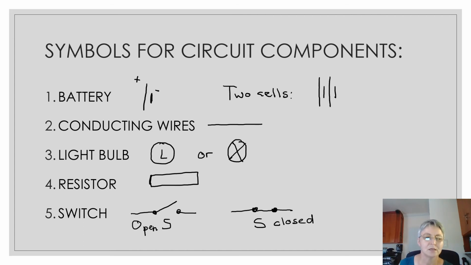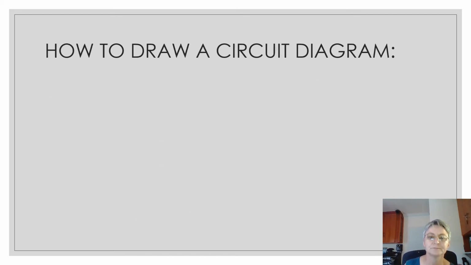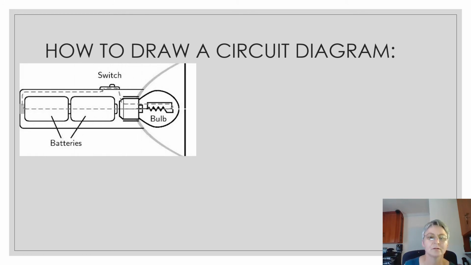Okay, I think in the next slide I'll show you how to draw a circuit diagram. Now, this picture is of a torch, and you can see that you've got two batteries. And that little knobby part of the battery there is the positive part of the battery.